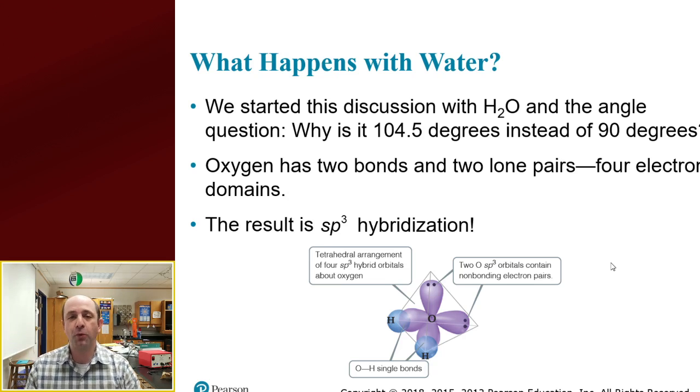All right, so now if we go way back to the beginning of this, how did we get this with water? Why is water 104.5 instead of 90? What we say is the oxygen has 4 things around it. So we make them equivalent by saying oxygen is sp3 hybridized to make the 4 electron domains equivalent. Well, if they're sp3 hybridized, that means the angle should be closer to 109.5.